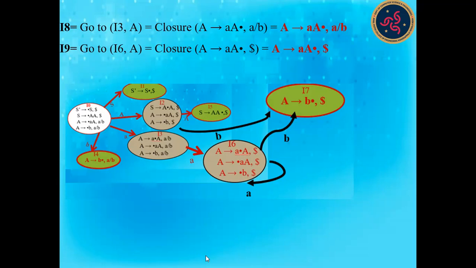So I am taking a new state: from I3, when the non-terminal capital A comes, a new state, that is A gives A dot, comma A, comma B.